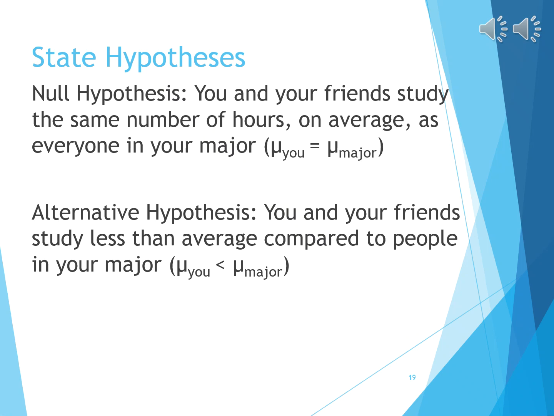But the alternative hypothesis that you've come up with is that you and your friends actually study less than average compared to people in your major. Also notice that the alternative hypothesis is a directional hypothesis, which means later on we're going to want to look up the critical t-value for a one-tailed test.